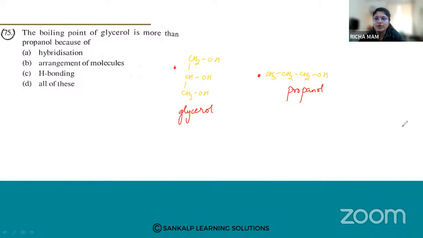Now here, what you can see, the structures. Yes, because of what? Just now we have seen. Because of hydrogen bonding, the boiling point of glycerol is higher than that of propanol.